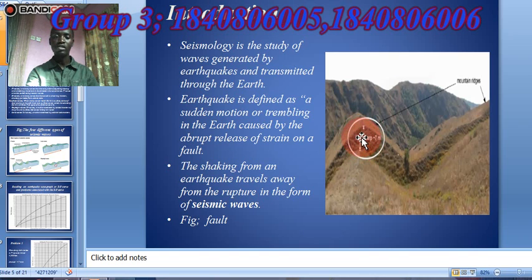That causes friction and gathers a lot of pressure. But at some point, the movement will overcome the friction, and the rocky materials slide past one another, and that results in the release of a large amount of energy, which we refer to as an earthquake.